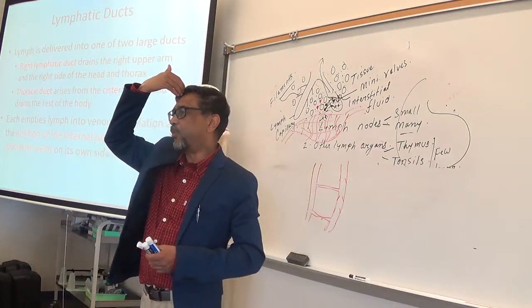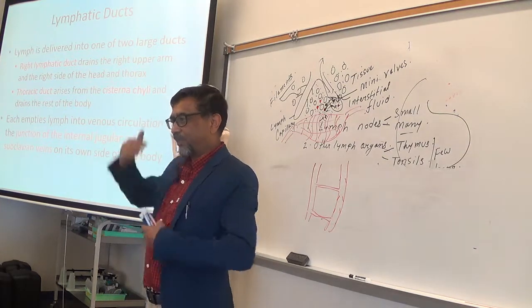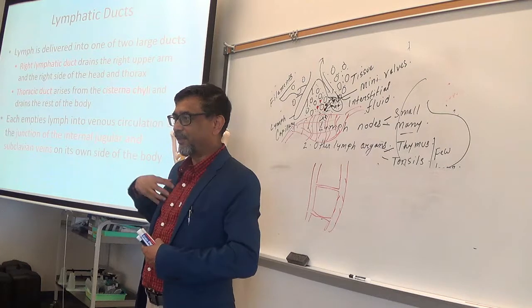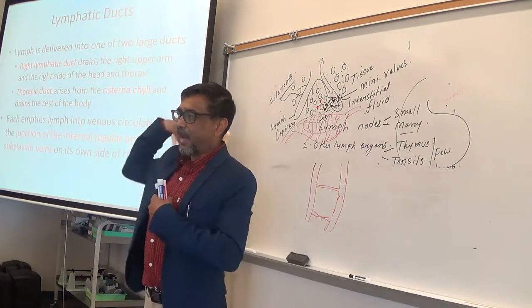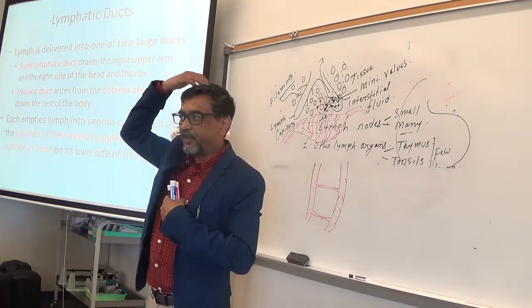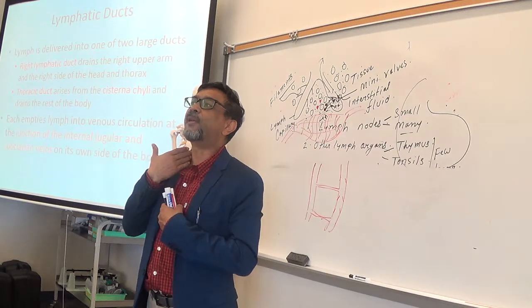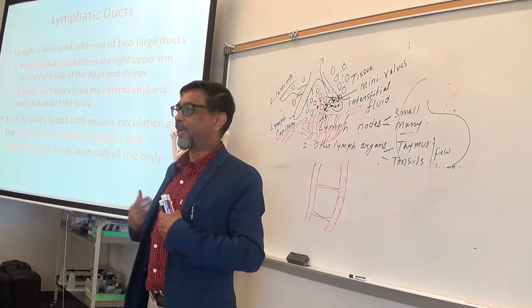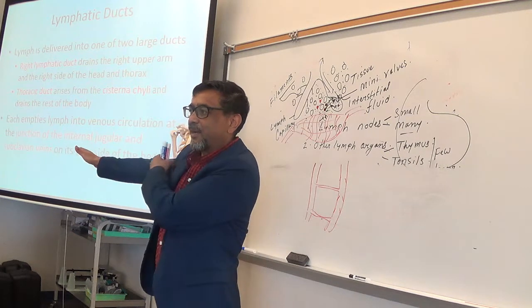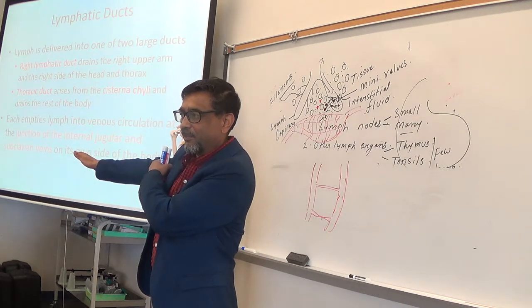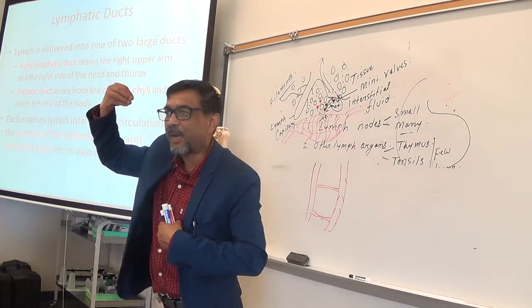If I divide my body into 4 quadrants like this, how many? 1, 2, 3, 4, right? From the upper right quadrant, that means the right half of my head, right half of my neck, right half of my chest or thorax, and upper right limb, from these areas lymph will enter into the right lymphatic duct.